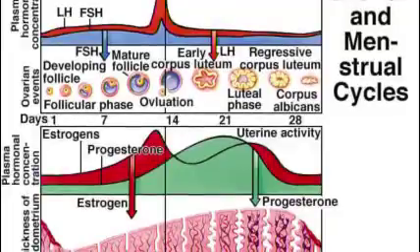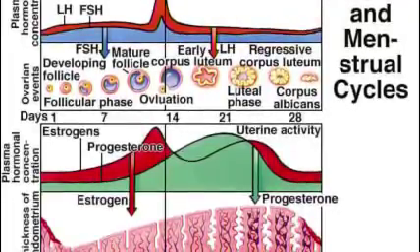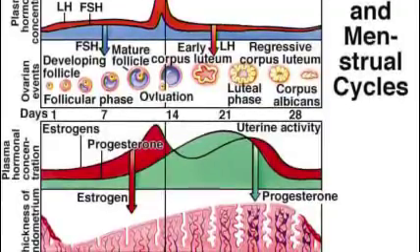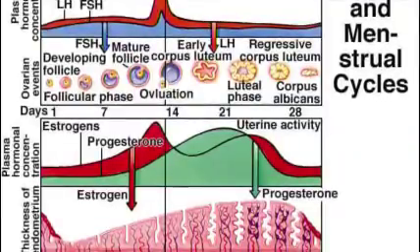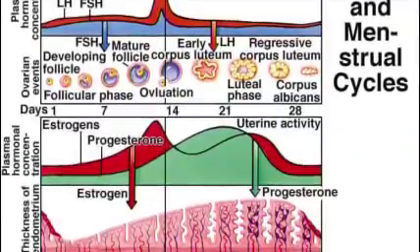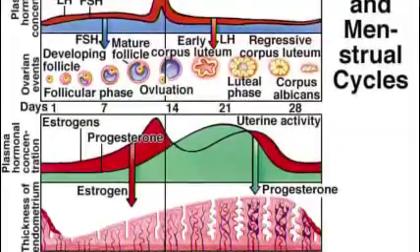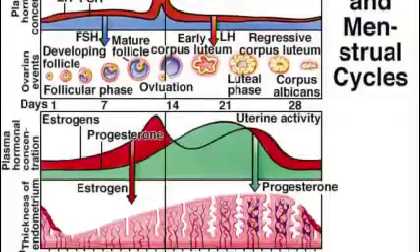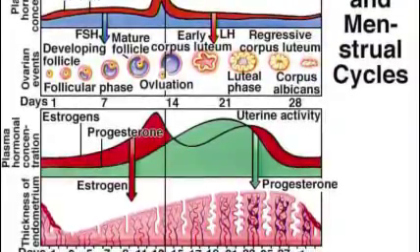LH stimulates certain ovarian cells to secrete precursor molecules, which are soon used to produce estrogens. Estrogens and progesterone inhibit the anterior pituitary's release of LH and FSH. Consequently, no other follicles are stimulated to develop when the corpus luteum is active.